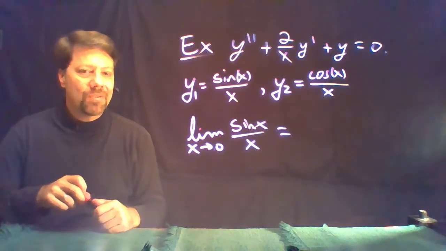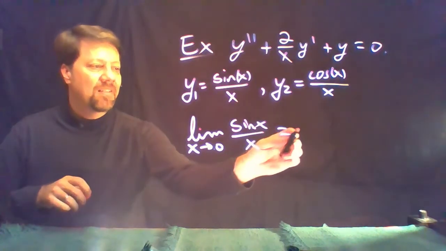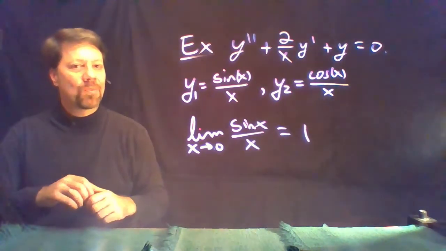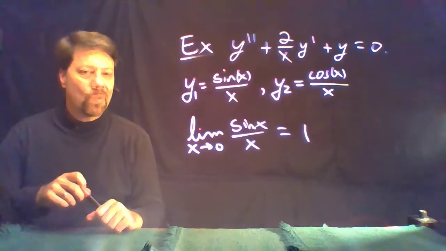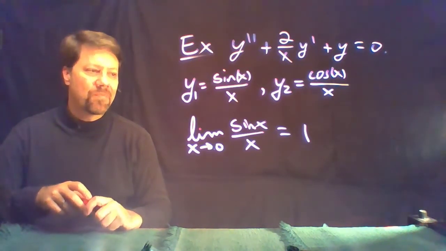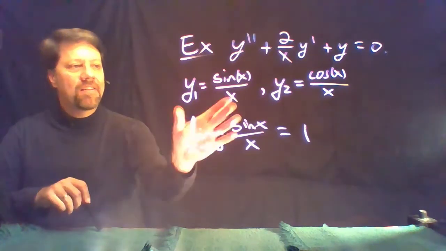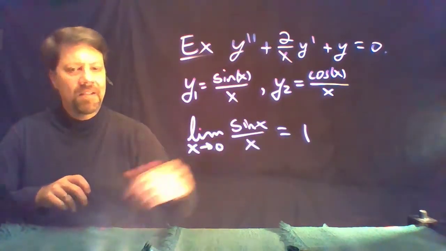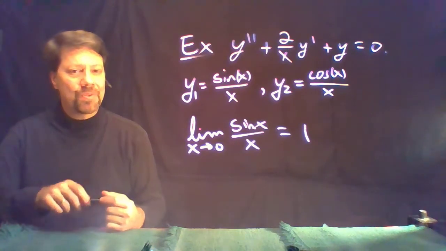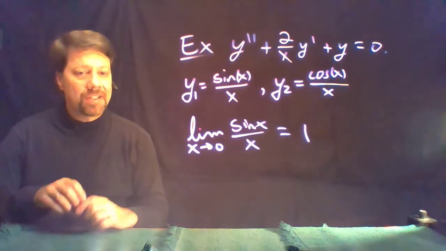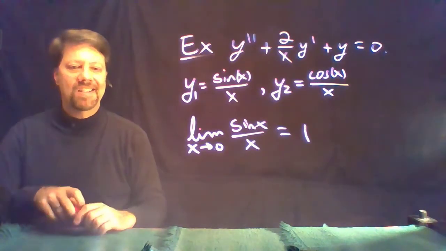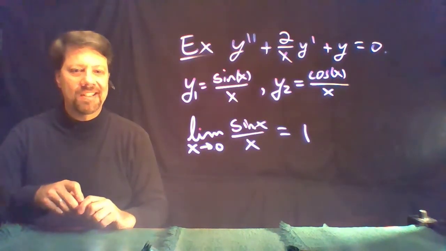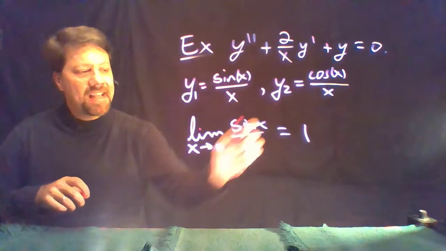And the cosine of 0 is 1. We spent a lot of time in Calculus 1 proving that sine x over x tends to 1 as x tends to 0. Which means that this first solution, it may have a problem at x equals 0, but it's a removable discontinuity. One where if we define the function to be 1 at x equals 0, it's no longer discontinuous.